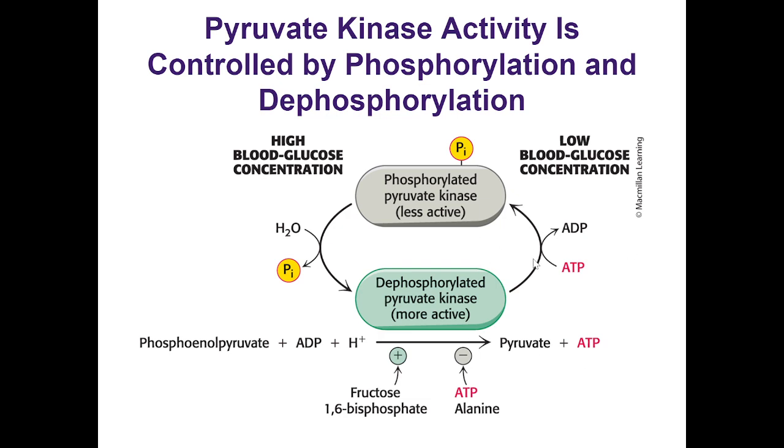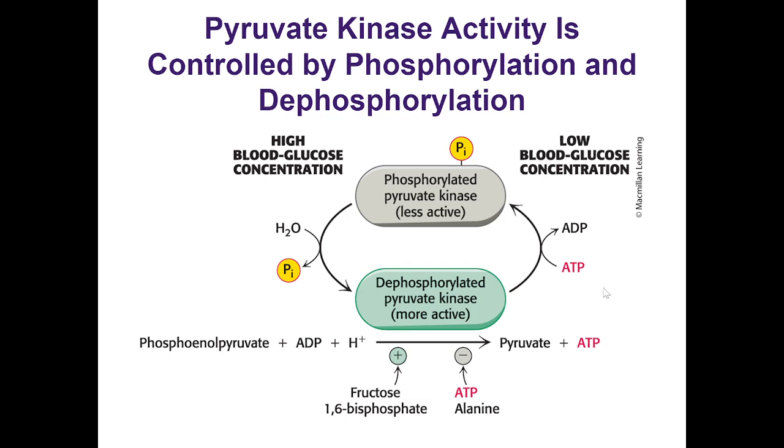So again, this is that pyruvate kinase activity. This is how it's controlled by the phosphorylation and dephosphorylation that we mentioned before. So this is low blood glucose concentration. Here we're going to have that dephosphorylated pyruvate kinase. That's the more active form. I know that it's hard to keep track of. This is why you get these repeated.